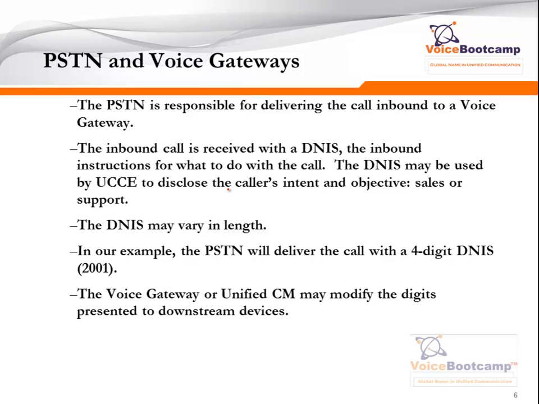All 11 digits, or 7 digits, or 4 digits? Of course, that depends on your business policy. In this example, the PSTN will deliver the call with a 4-digit DNIS. The voice gateway or Cisco CM will modify the digits to present to downstream devices such as the phone itself.